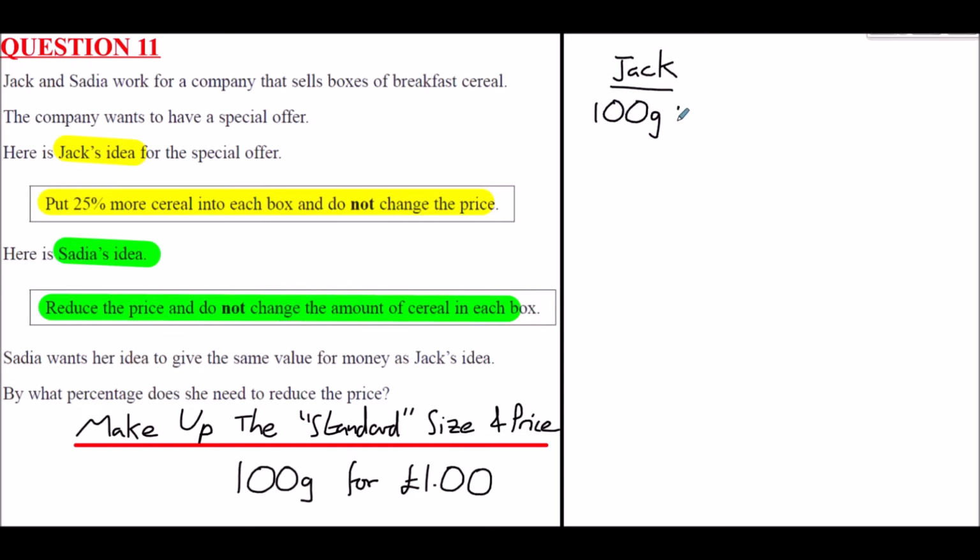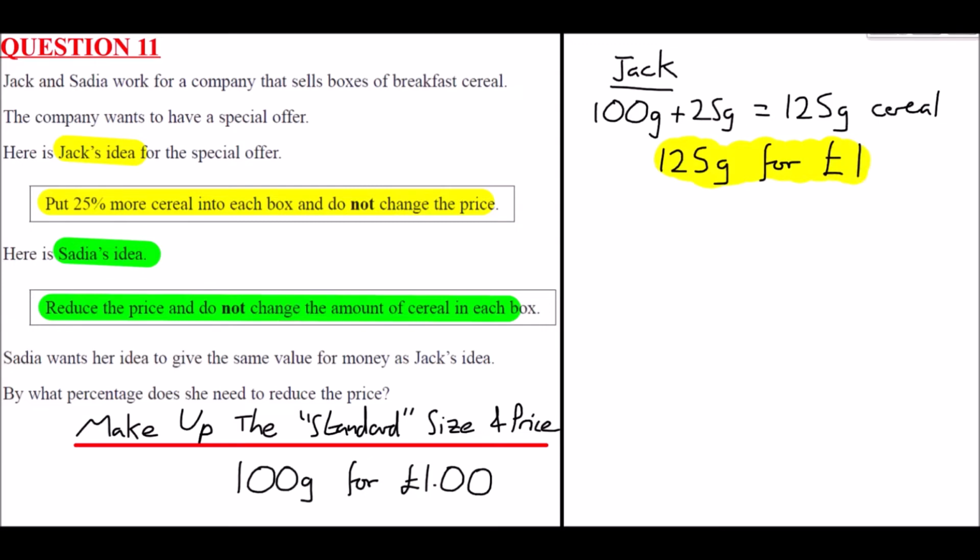So 100 grams plus 25 grams is 125 grams of cereal. But he's not changing the price. So Jack's idea is to sell 125 grams for £1. Okay, so now we need to work out what value for money this gives us.